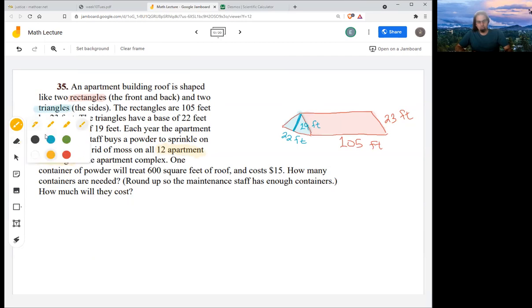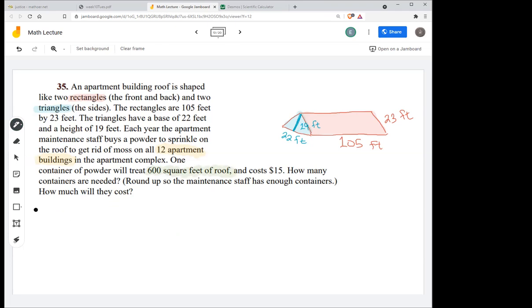So I have this green number, 600 square feet of roof for one container. So what does that tell me I need to do with this roof? Find the area.